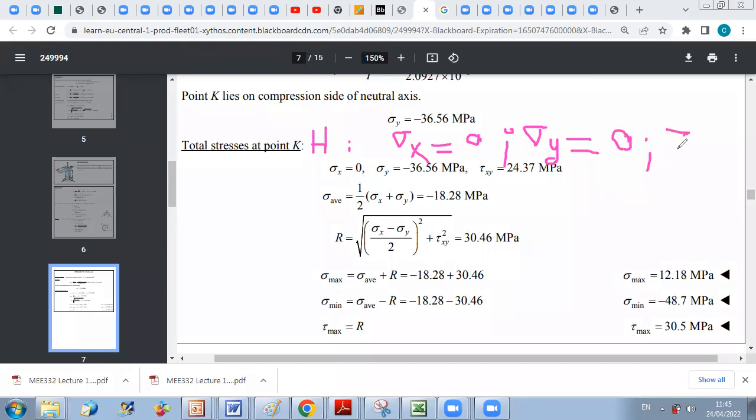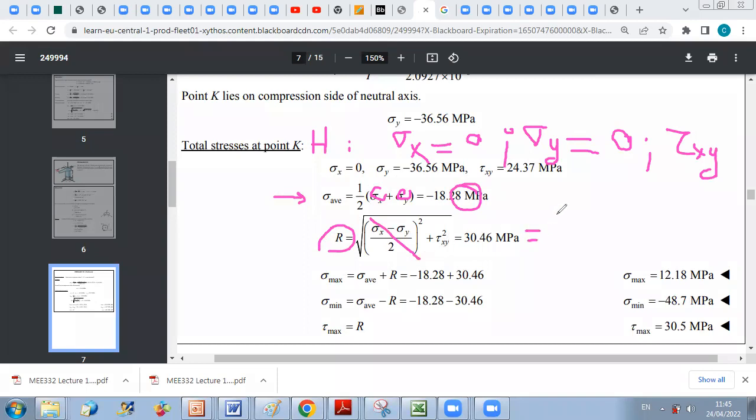What is the particularity of this point? If you want to calculate the average stress for this point, it will be equal to half times 0 plus 0. So sigma average at H is 0. And for the radius corresponding to this point H, it is equal to the radical of 0 squared plus tau xy squared.